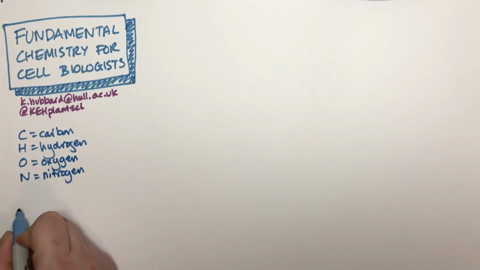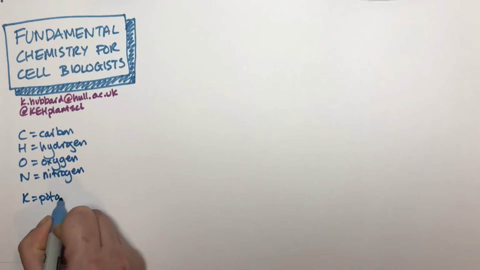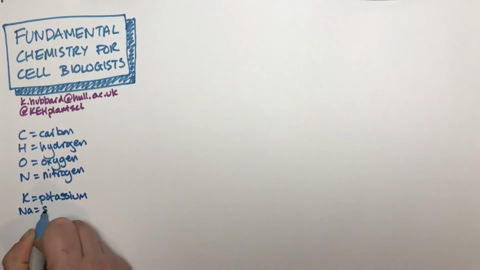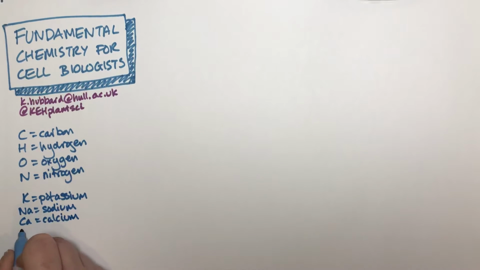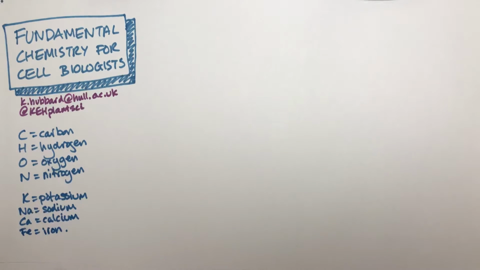Other elements that we might meet are K, which is potassium, Na is sodium, Ca is calcium, you might meet Fe, which is iron. But most of the chemistry that's important we can actually cover with carbon, hydrogen, oxygen and nitrogen.